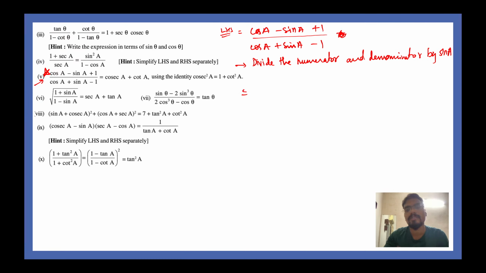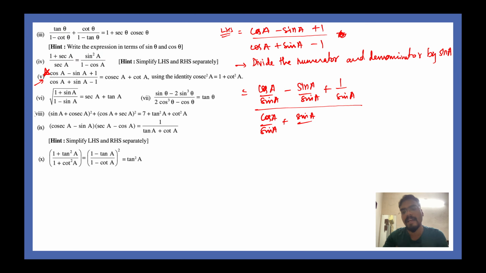So cos a divided by sin a minus sin a divided by sin a, plus 1 upon sin a is written on the top. And on the denominator side we have cos a divided by sin a plus sin a divided by sin a, minus 1 upon sin a. We have divided each term by sin a.